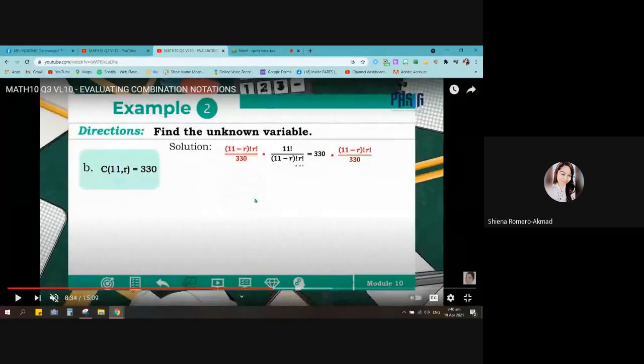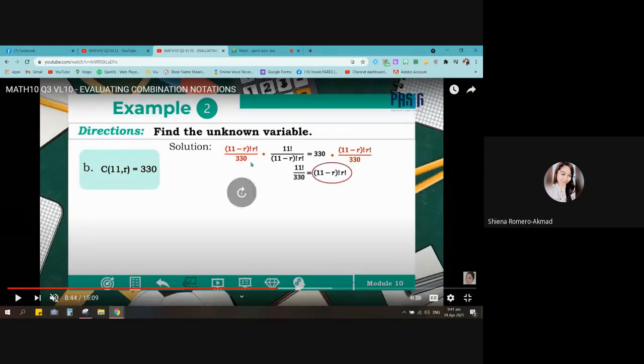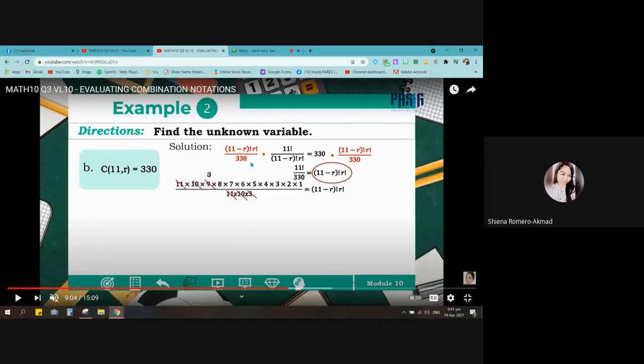So dito, diniretso niya na, minultiply niya sa 11 minus r factorial times r factorial divided by 330. Then, expand niya si 11 factorial. Bakit siya hindi nag-cancel dito ng 3? Pwede naman dito mag-3 bakit dun ka pa nag-cancel out?